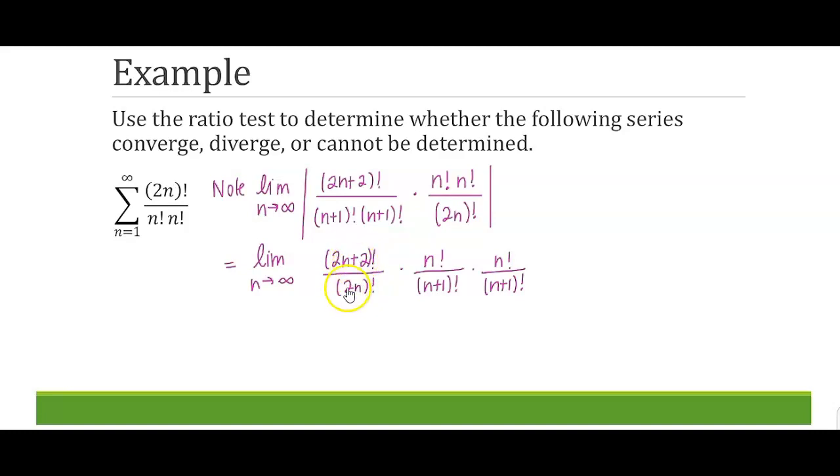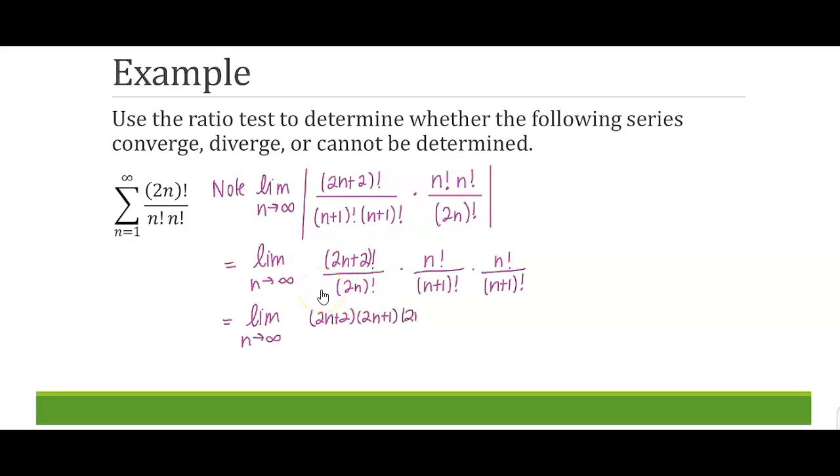by 2. So what I'm going to do is start to expand out this factorial first. So the limit as n approaches infinity, I'll have 2n plus 2, and then I'm going to drop down by an integer. I'm going to subtract 1, so I get 2n plus 1. And I'd go down one more time. If I subtract another 1, I'm going to end up with just 2n.